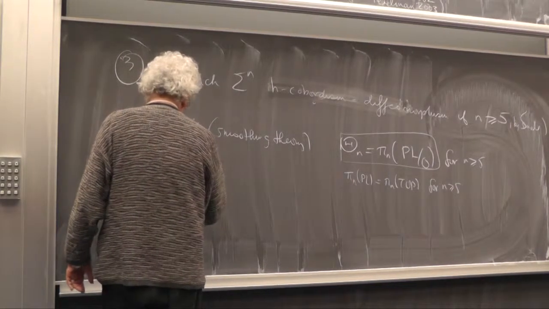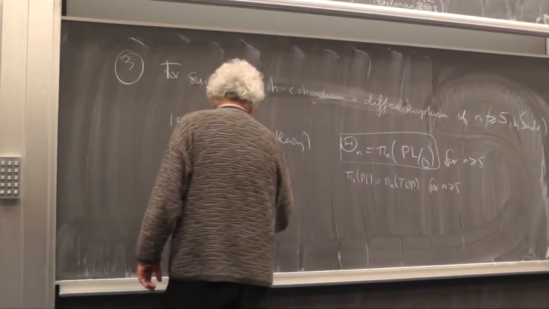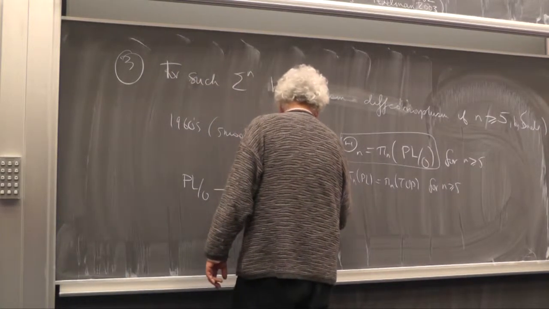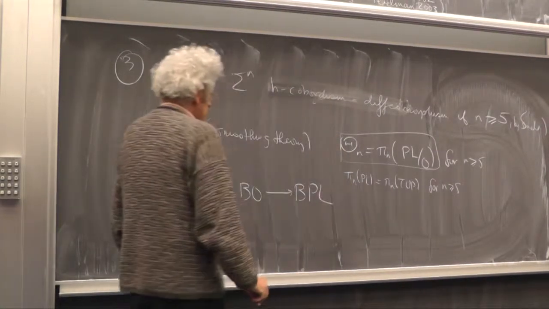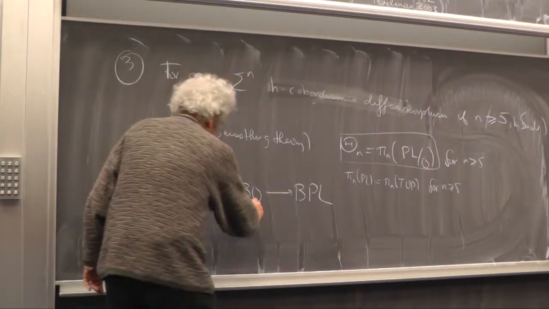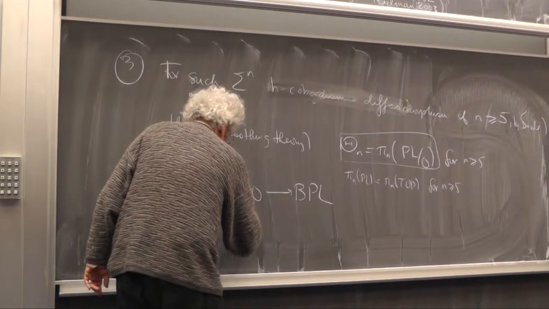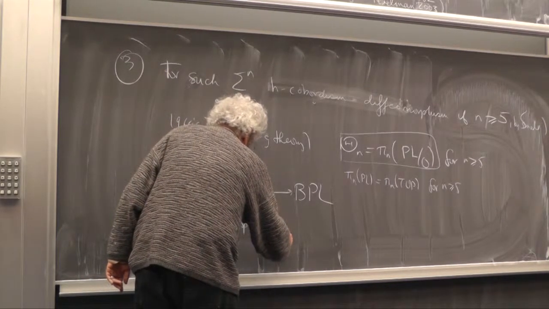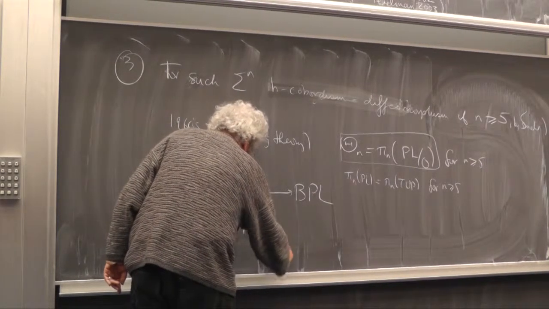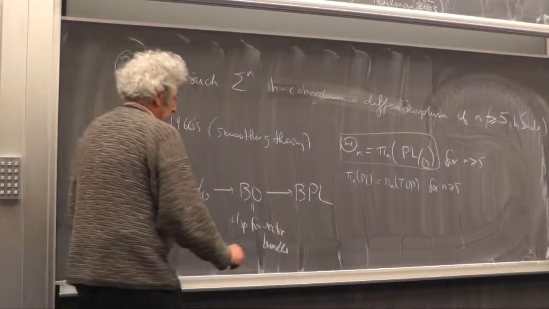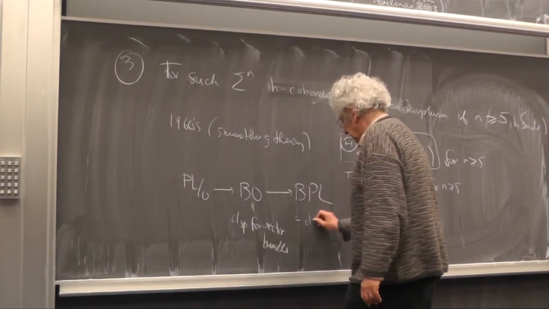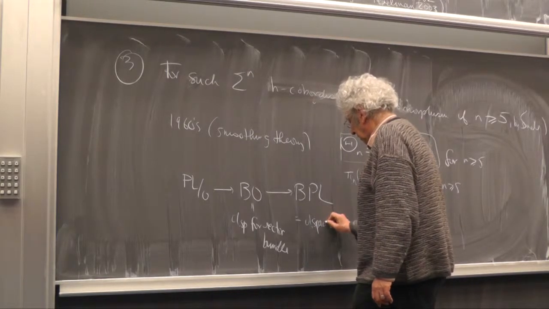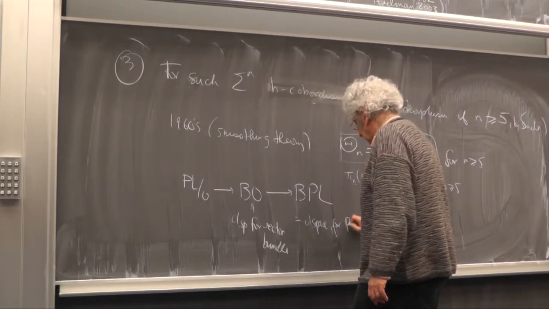PL mod O is the homotopy fiber of the map from the classifying space for vector bundles, the things which come from differential manifolds, to the classifying space for PL bundles.